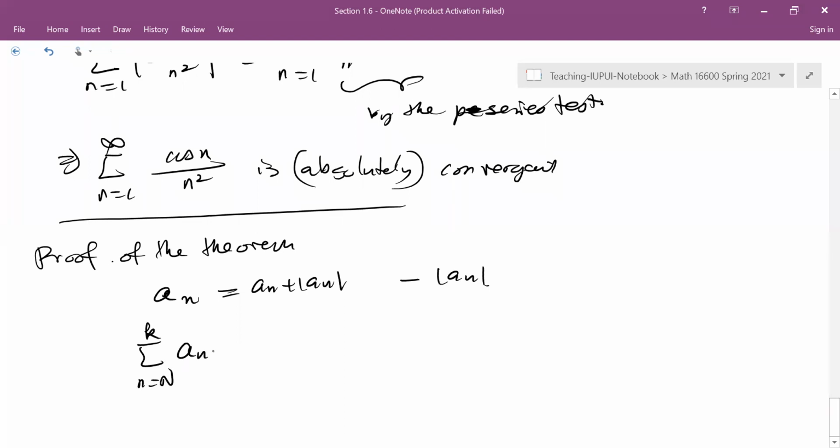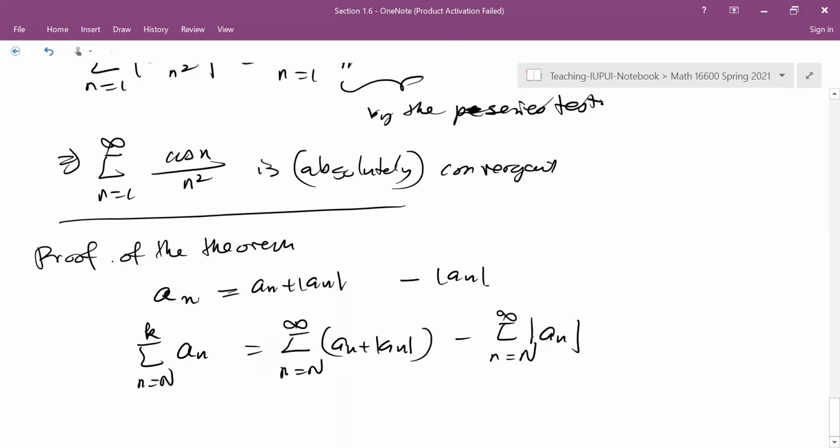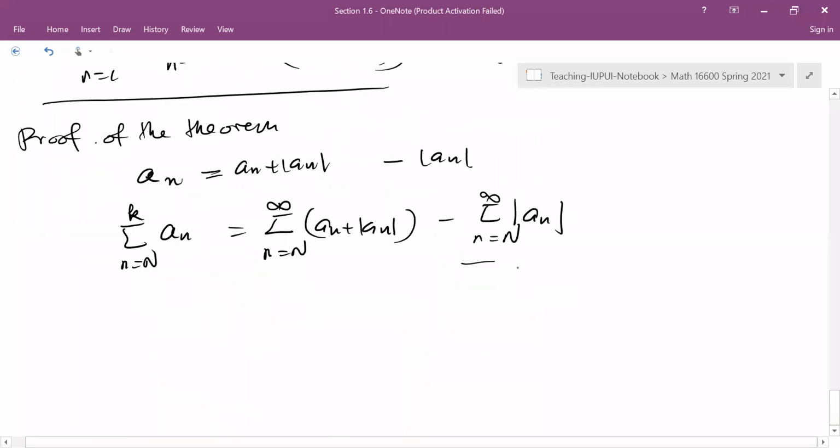This is the partial sum, and I want to prove this is convergent. Now, by assumption, this is convergent, right?